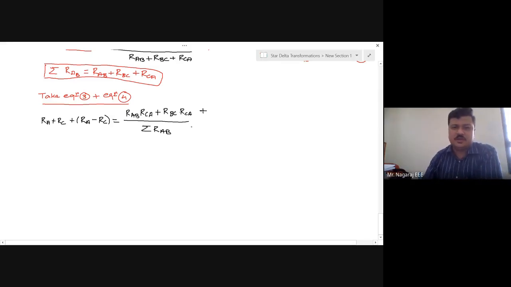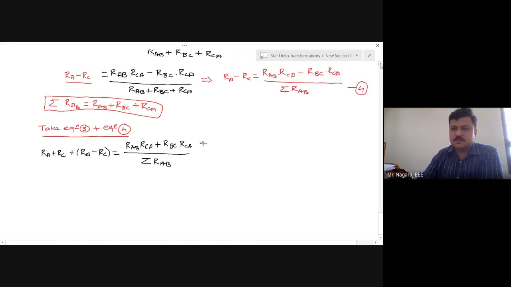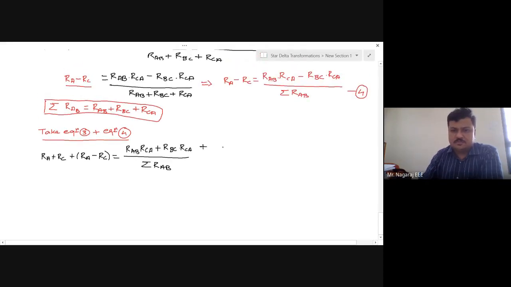Already we have mentioned that. And equation 4 is RAB RCA minus RBC RCA divided by summation RAB.